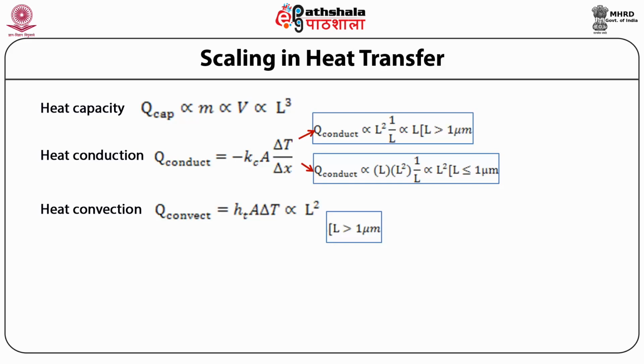Here HT is the heat transfer coefficient, A is the cross-sectional surface area of the heat flow, and delta T is the temperature difference between the 2 points in the fluid.